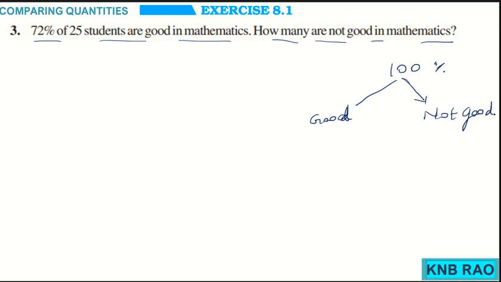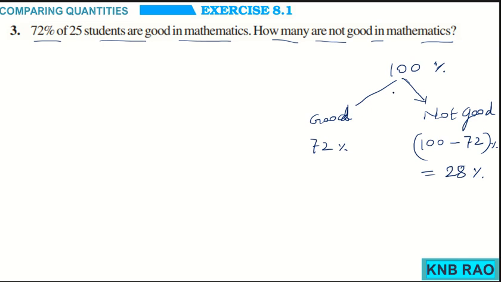So here I have already got the good percentage as 72, obviously the leftover not good is 100 minus 72 percentage. You know how to find 100 minus 72, it is just 28 percentage.